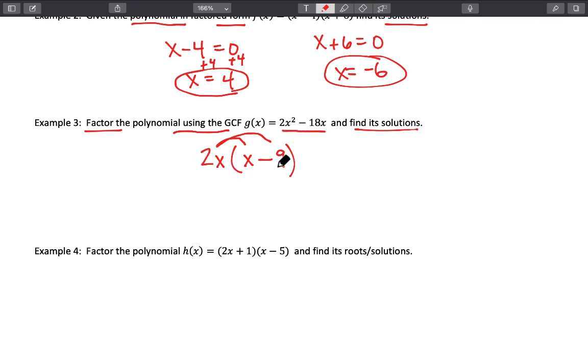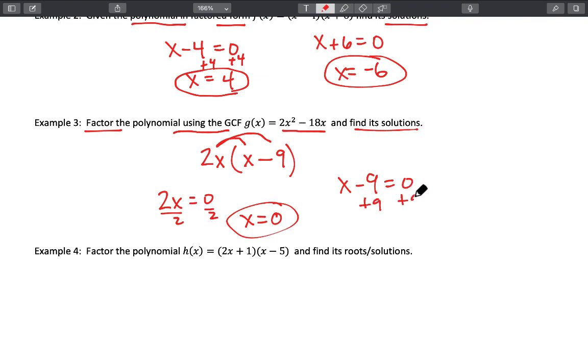Well, now I have it down to my two factors. I'm going to set each factor equal to 0 and solve for x. When I solve this first one, I get x equals 0 over 2, which is just x equals 0. And now my other factor, x minus 9, add the 9 over, and I have x equals 9.